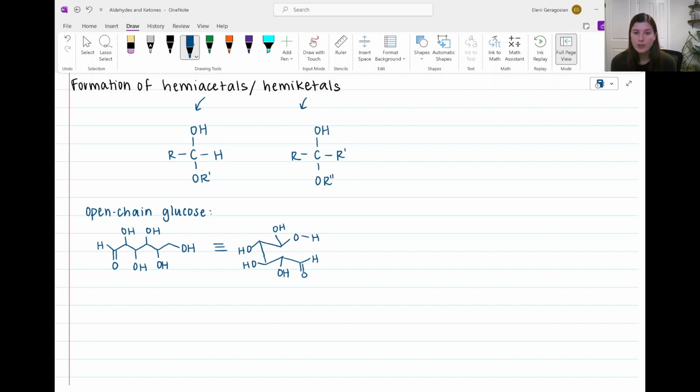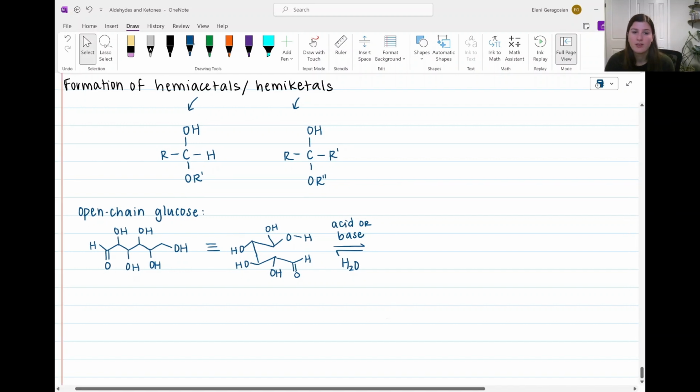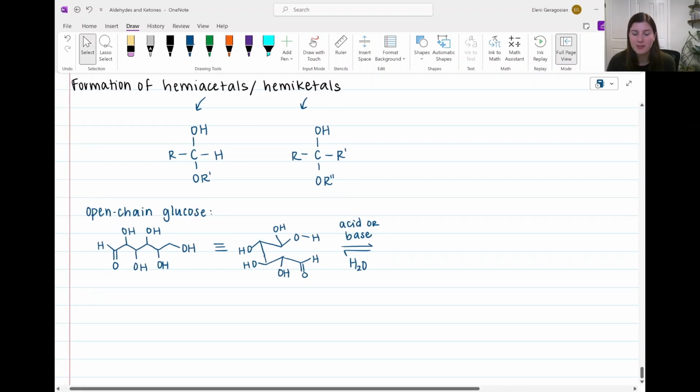Okay, so open chain glucose in a solution with water and an acid or a base present, and there is usually some acid or base present, the open chain glucose will undergo a reaction to form a hemiacetal.